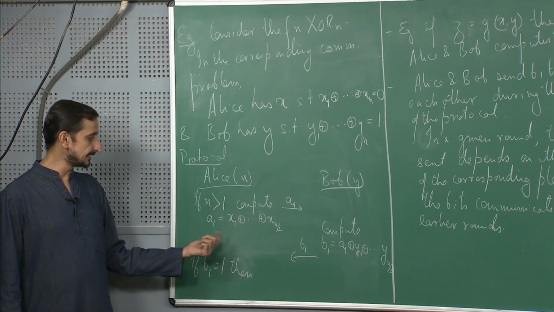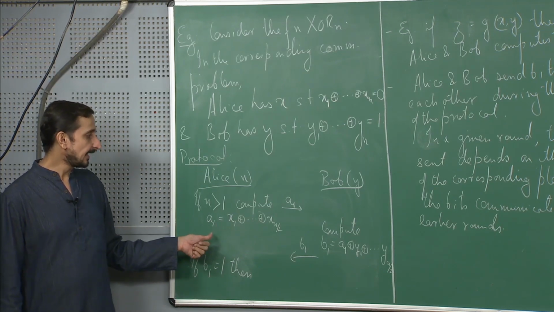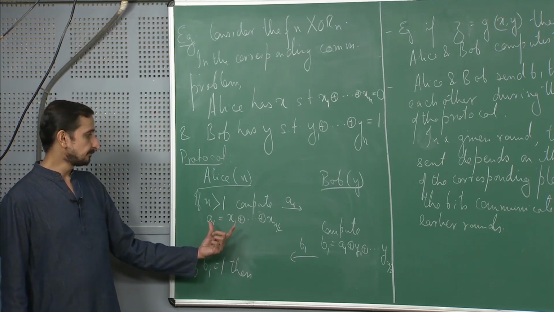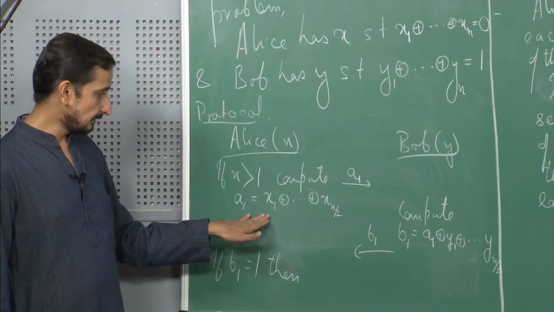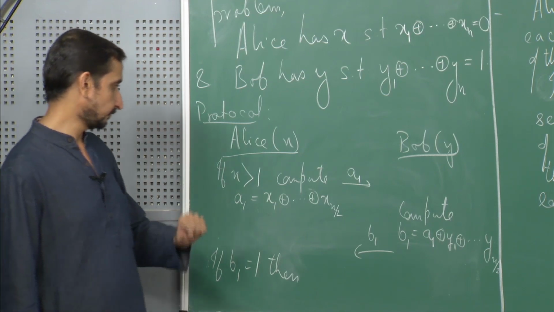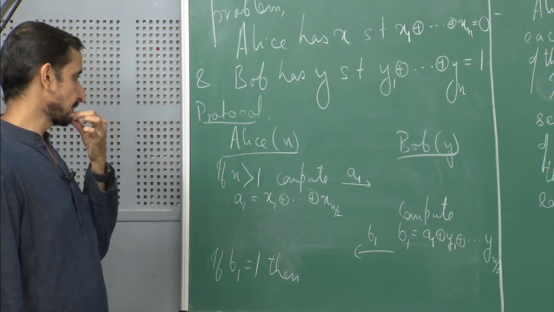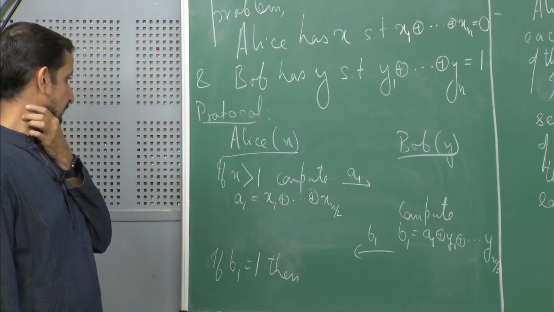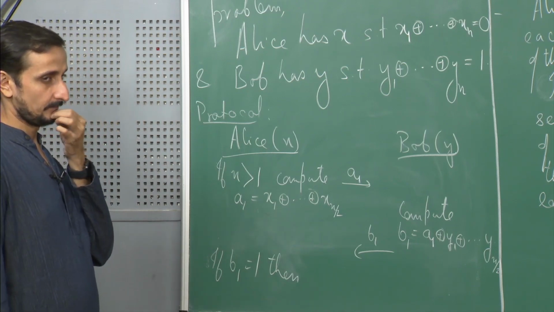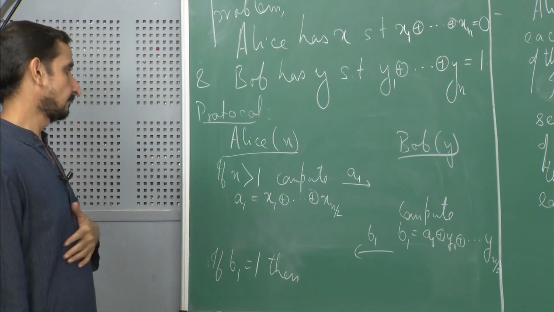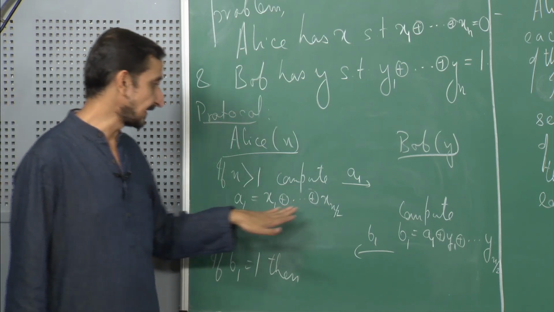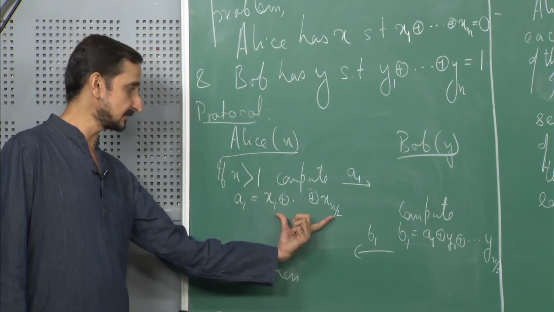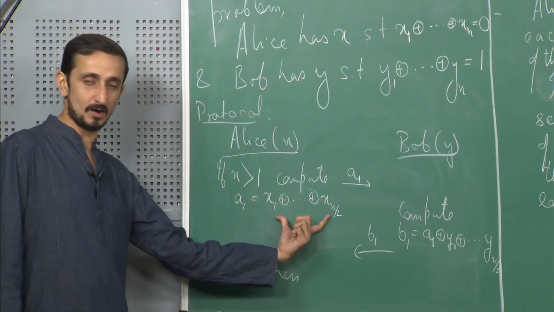So case 1: suppose A1 was equal to 1. If A1 is equal to 1, it means that the parity of the first half of X is 1.